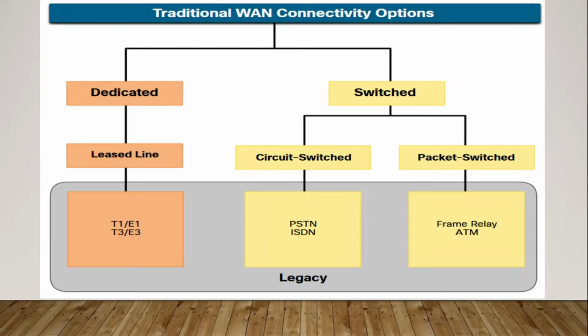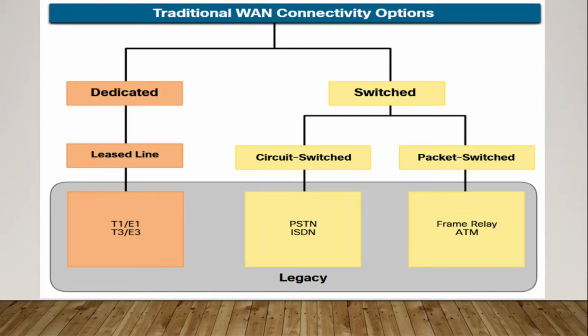This term refers to the fact that the organization pays a monthly lease fee to a service provider to use the line. Leased lines have existed since the early 1950s, and for this reason are referred to by different names such as leased circuits, serial link, serial line, and point-to-point link.